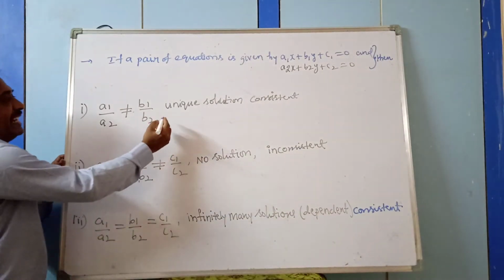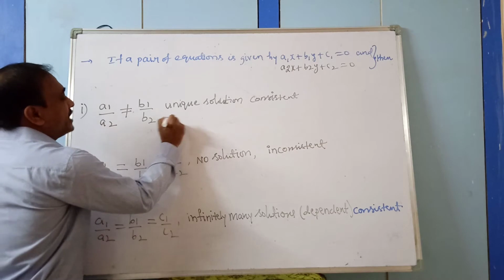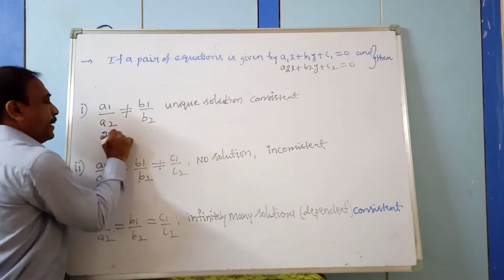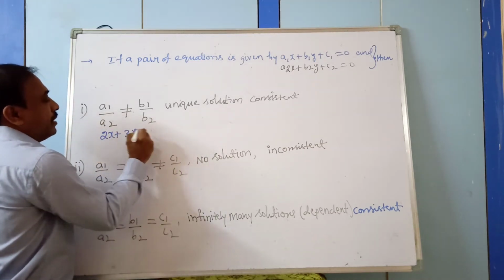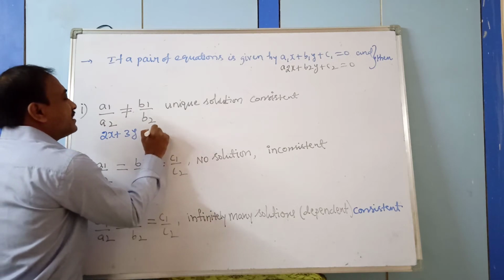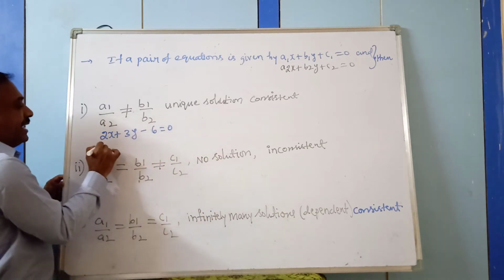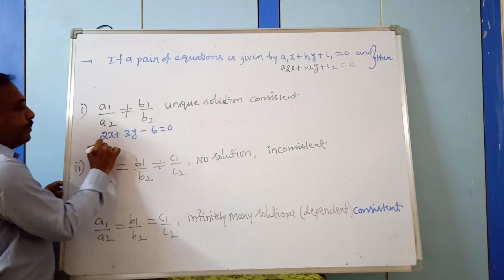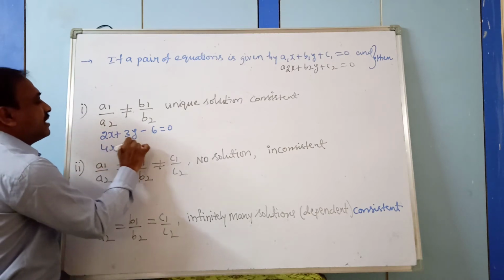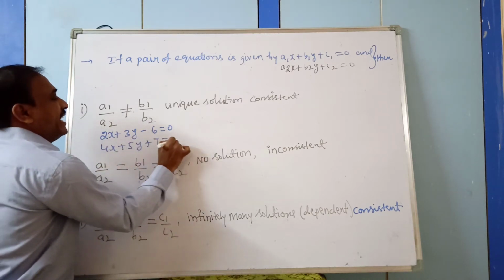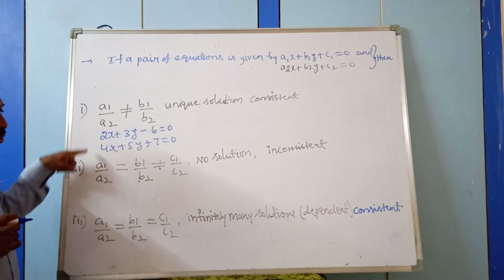We see how it is possible. Example, here I am writing the equations: 2x plus 3y minus 6 equal to 0 and 4x plus 5y plus 7 equal to 0. You take these two equations.